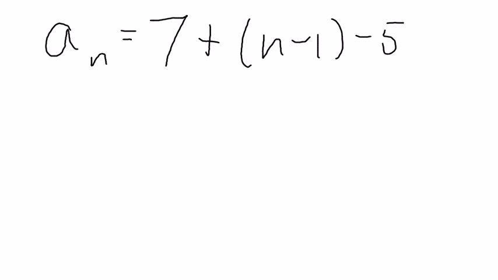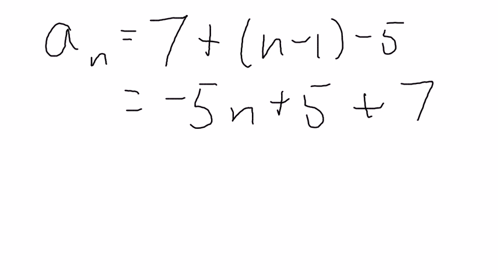So a n equals 7 plus n minus 1 times -5. And so let's distribute that, so that equals -5n, and the -5 times -1 is going to give us +5, and then we just tack our +7 on the end there.